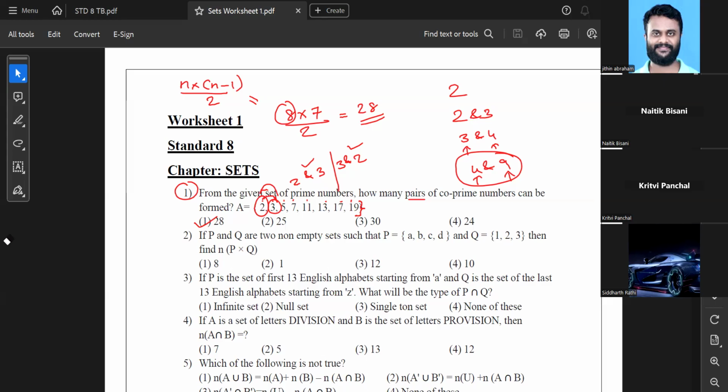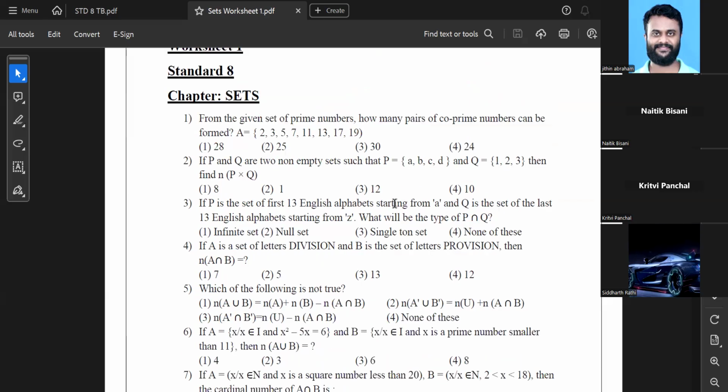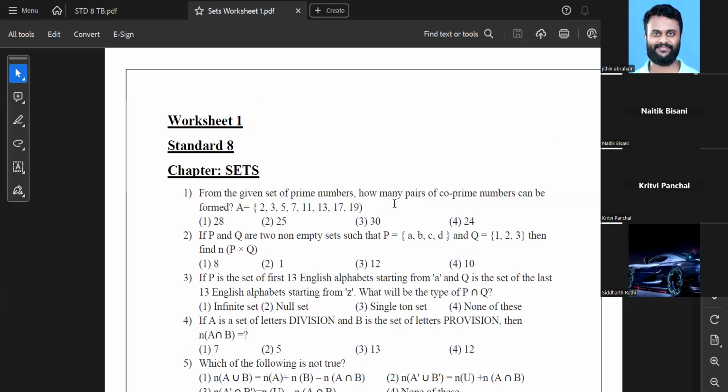Okay, I'm erasing this, proceeding further. Okay, I'll keep it like this only. Just a minute, I'll just note down the answer key so that I can send it to you guys later.